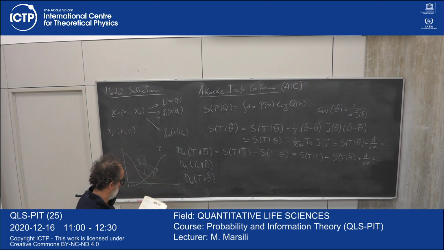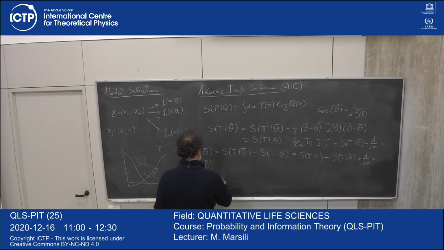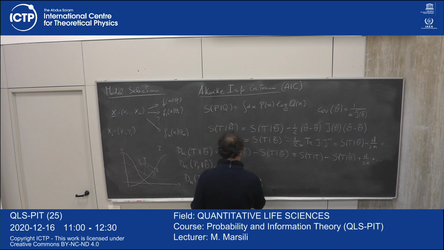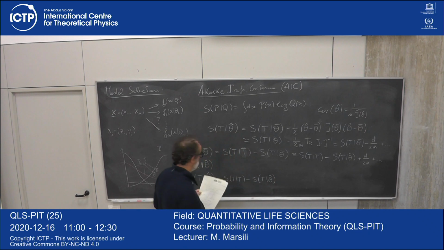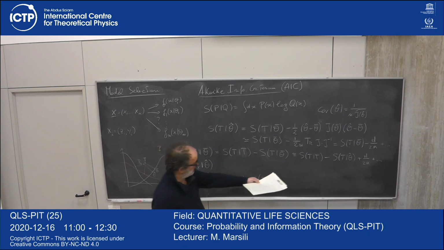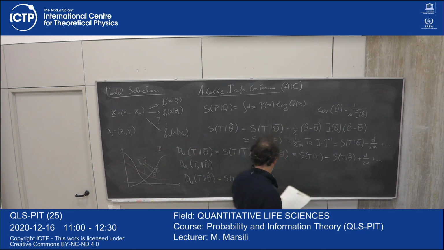This can be written as the cross entropy between the true distribution and itself minus the cross entropy between the true distribution and theta hat, which is essentially what I want to estimate here.